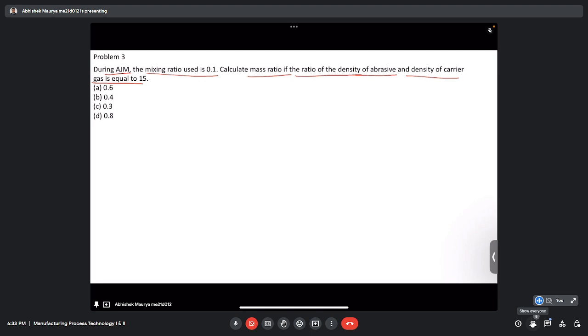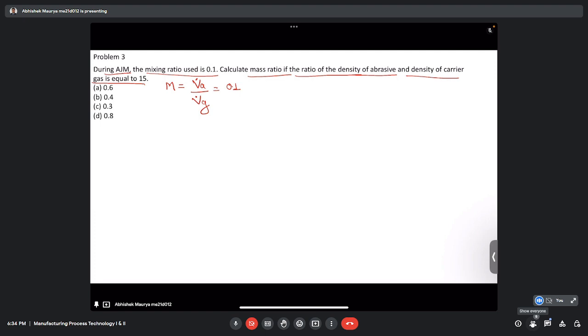Okay, so what has been given? Mixing ratio. Mixing ratio is denoted by M, and it is the volume flow rate of abrasive divided by the volume flow rate of gas. It is given as 0.1. And what else is given?